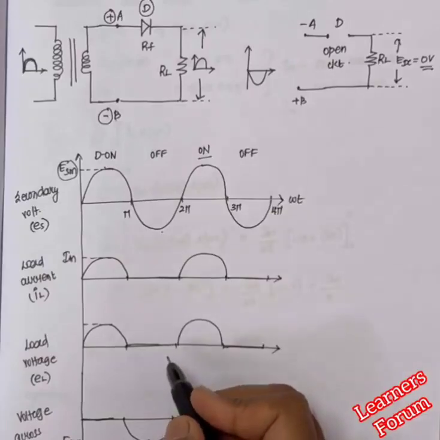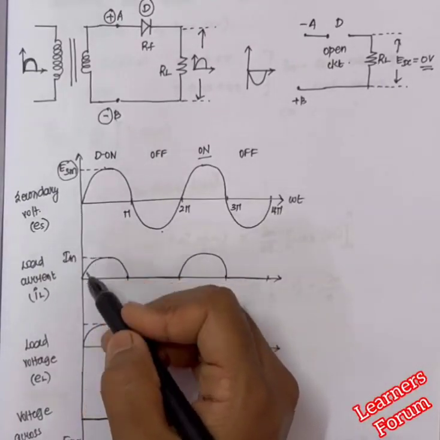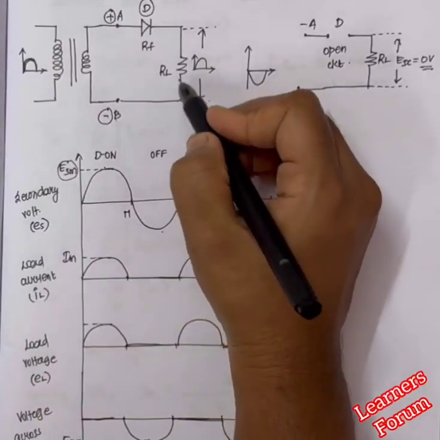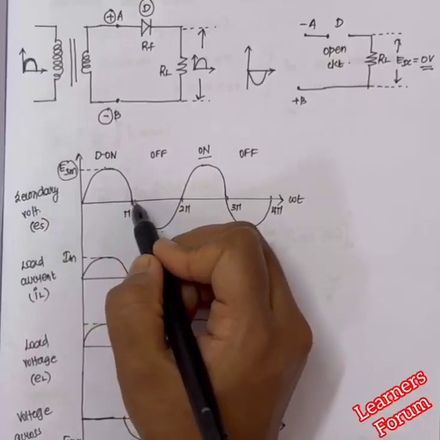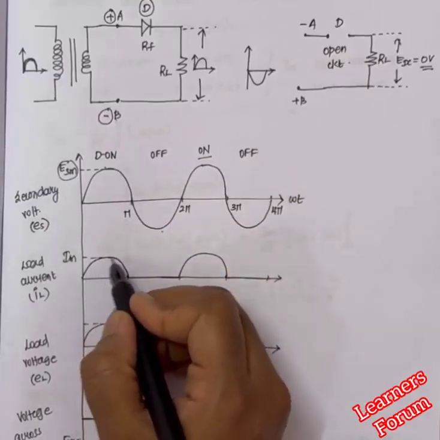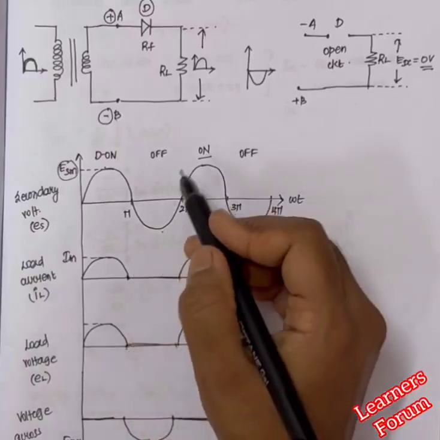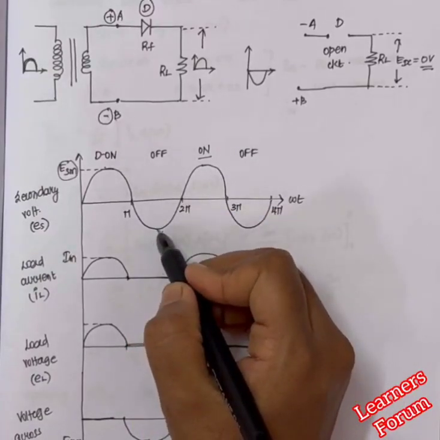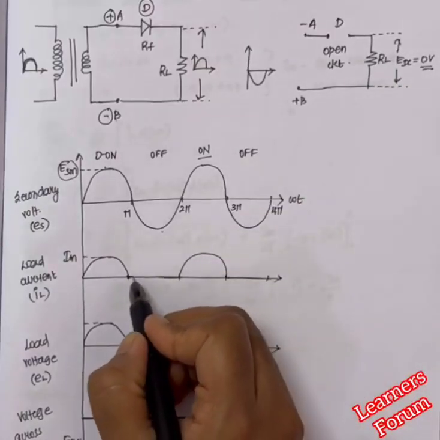Now we are calculating the value of load current and load voltage. Load current, which means whenever it is under positive half cycle, the diode will conduct, so we will get the required value of signal over here. Next, it is under negative half cycle. Whenever it is the negative half cycle, the diode will be under open circuit condition, so we will get a 0 value.